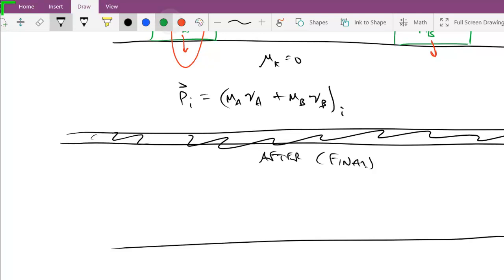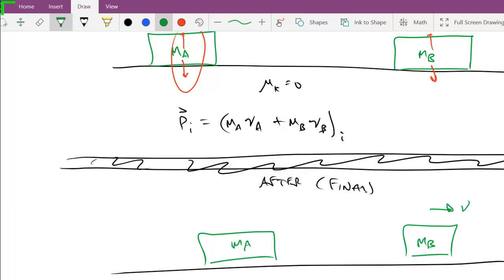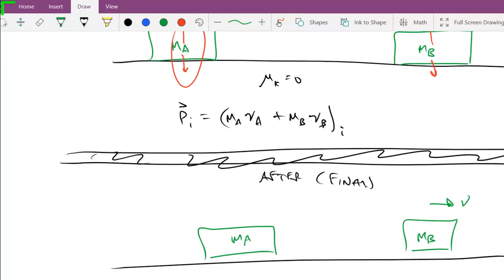I'll draw the boxes again, but after they collide, I suspect that they will probably bounce off of each other a little bit. So I have mass A here, and then I have mass B like this, and this will probably have some velocity back like this. This is VB final, and this is VA final.